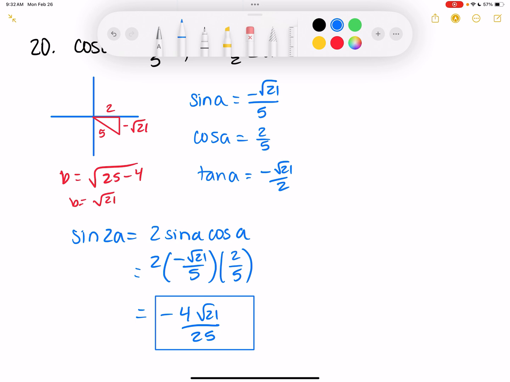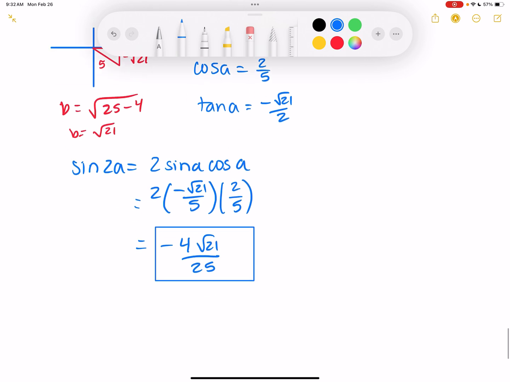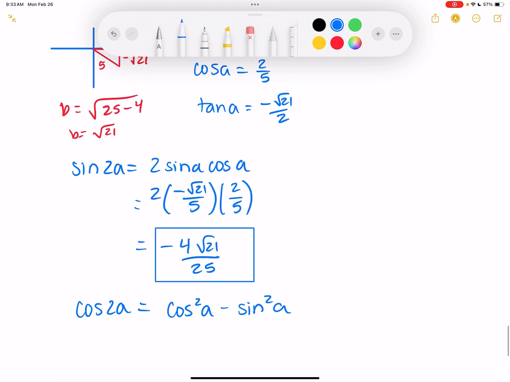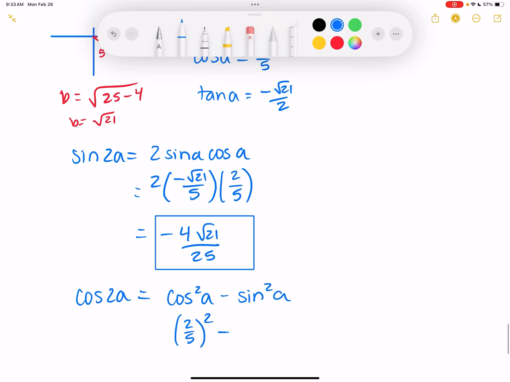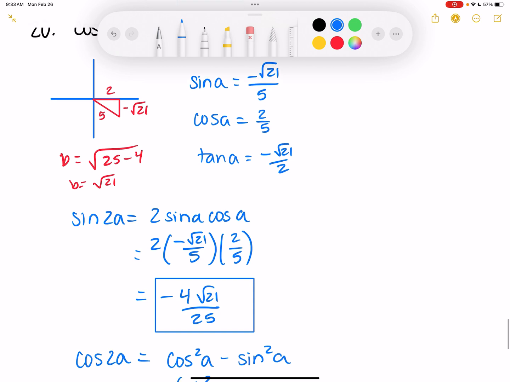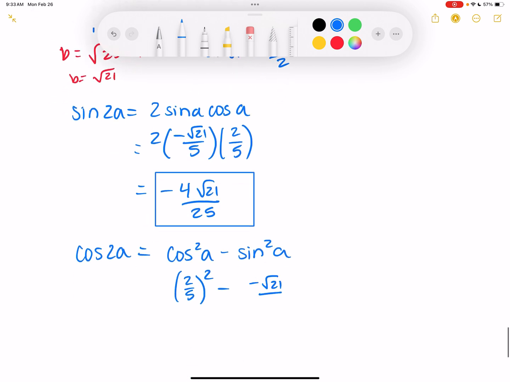All right. Pick a different formula for cosine of 2A than the one we used last time, just so we use something different. I don't care which one, just not the same one. Yep, cosine squared A minus sine squared A. So cosine of A is 2 over 5, so it'd be 2 over 5 squared minus sine squared of A, which would be negative root 21 over 5 squared.